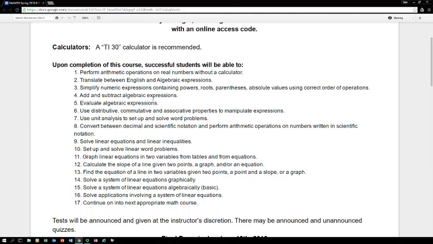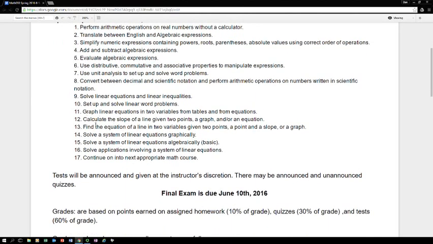Chapter 1 is really about the beginning of algebra, what variables are and how to write expressions, and then we start going into properties. In chapter 2 we start working with factoring and some other things about equations. Chapter 3 is about graphing linear equations. We go through a lot of that material.